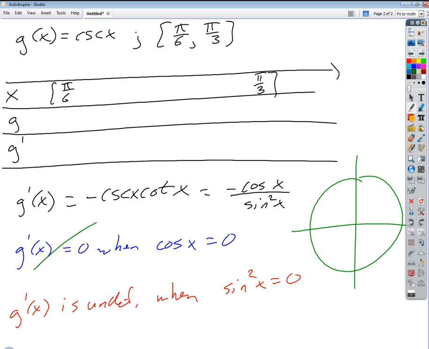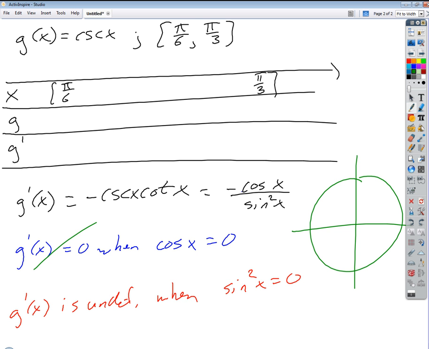What is the cosecant of pi over 6? What's the sine of pi over 6? One half.